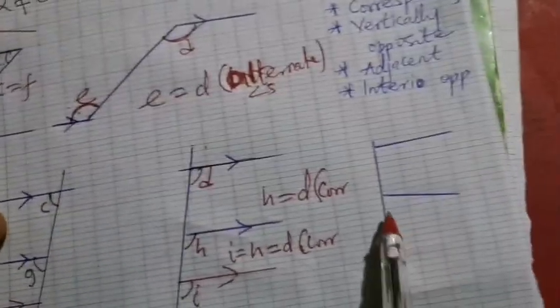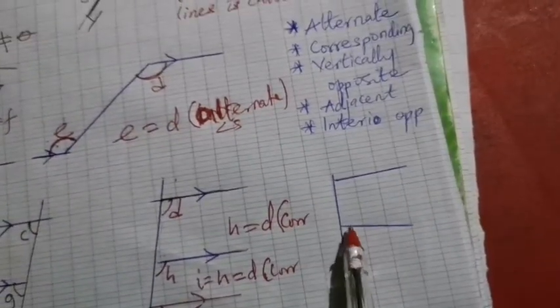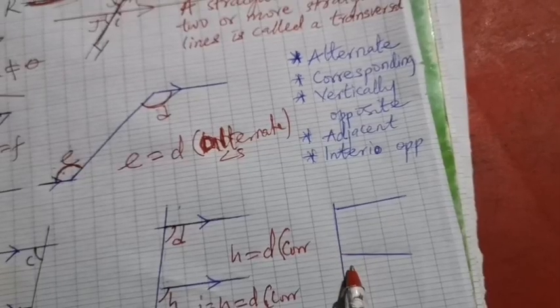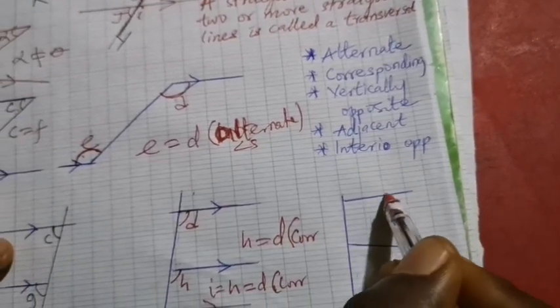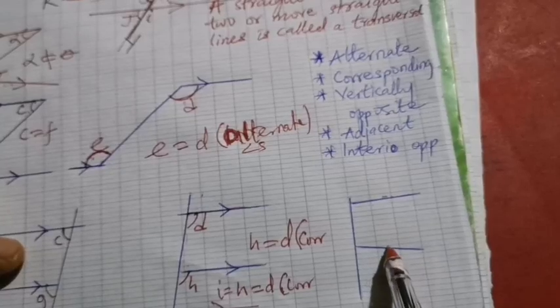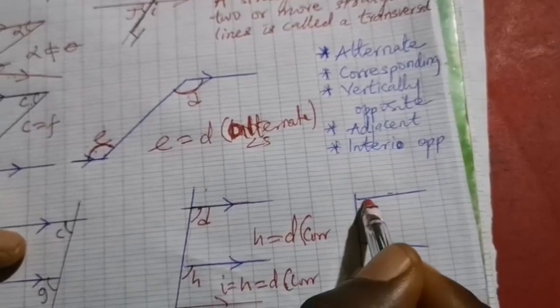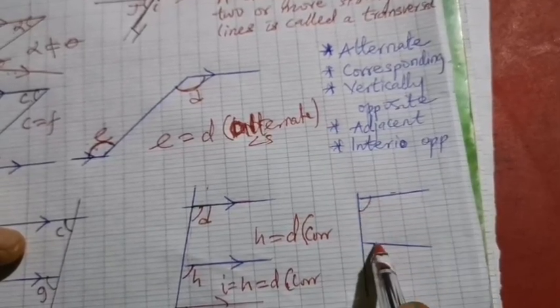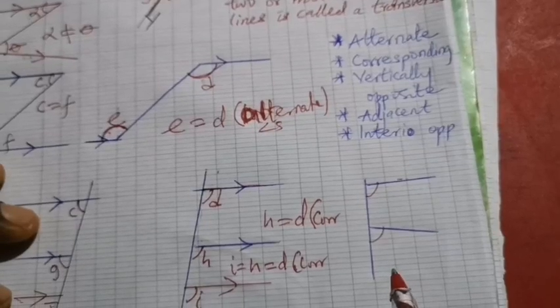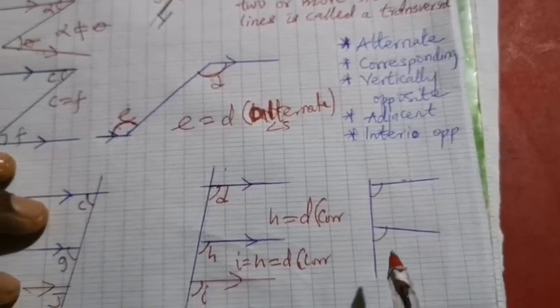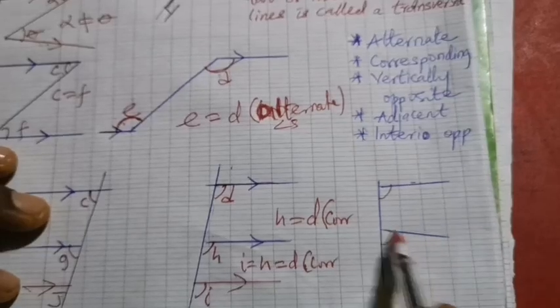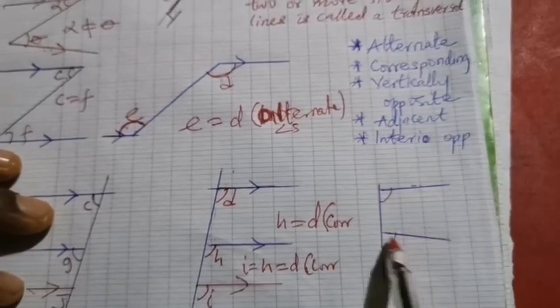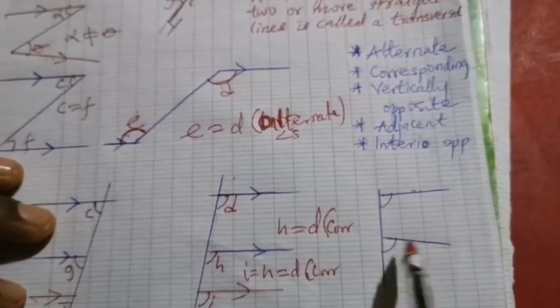Now, look at this shape. Actually, this shape looks like an F, but because we don't have parallel lines here, then we cannot say that this angle and this angle are corresponding. We cannot say that. It is not corresponding. Why? Because these lines are not parallel.